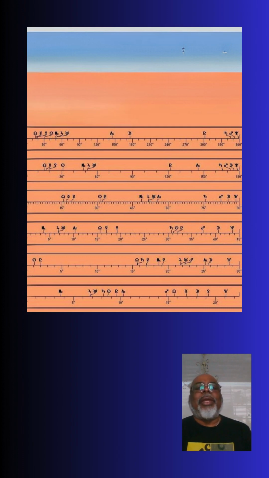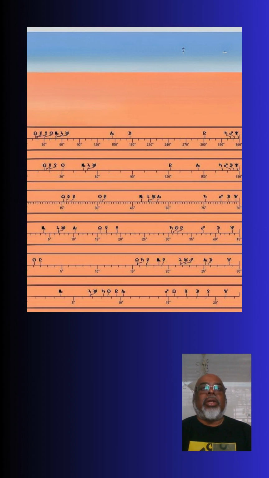But anyway, we'll go over it again. I'm doing this off the top of my head and should have written it down. Pardon me, folks. But those are the five: conjunction, sextile, square, trine, which is 120 degrees, and opposition, 180.